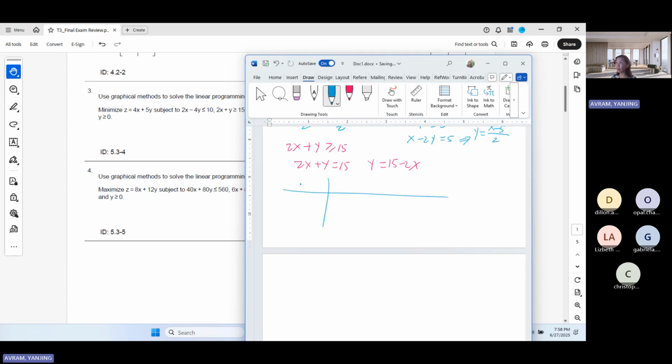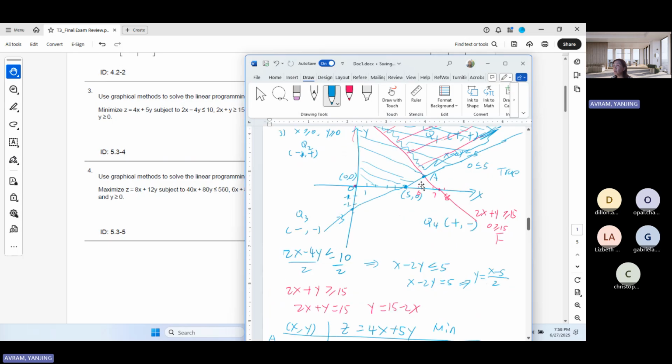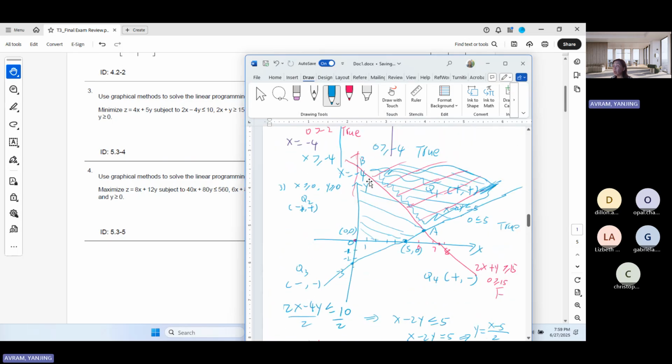So we're going to make a table in here, right? We're going to have x and y, and then z equal to 4x plus 5y. We want to minimize z. So let's see what the point in A is, and what the point in B is, x and y. That's why graphing is so important, right? So this point doesn't matter anymore.